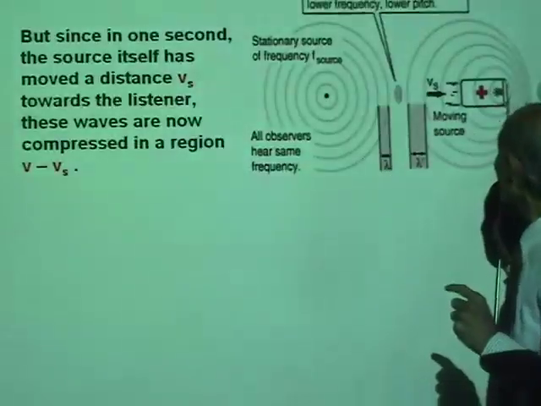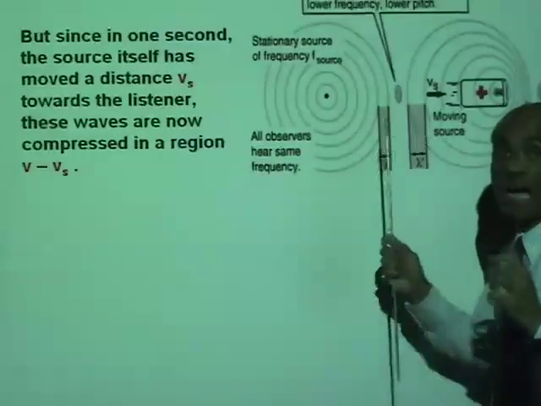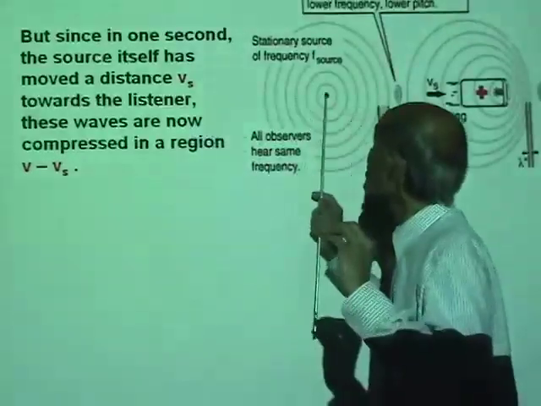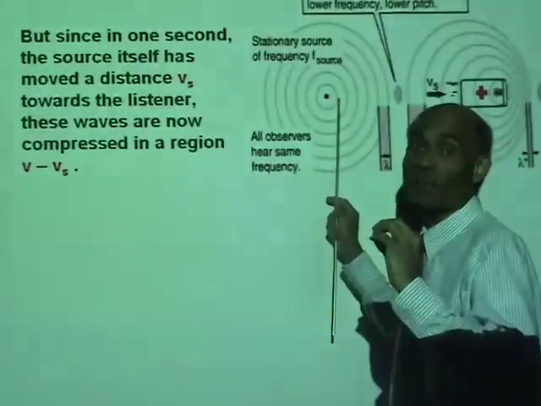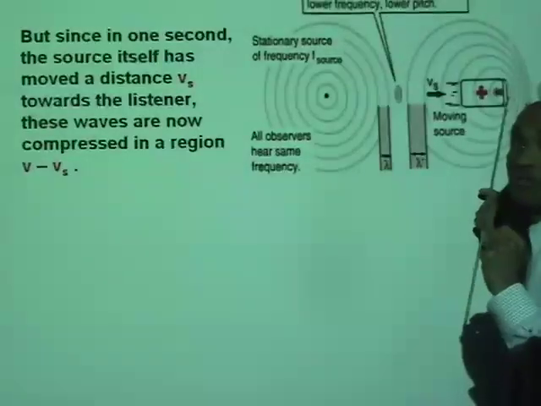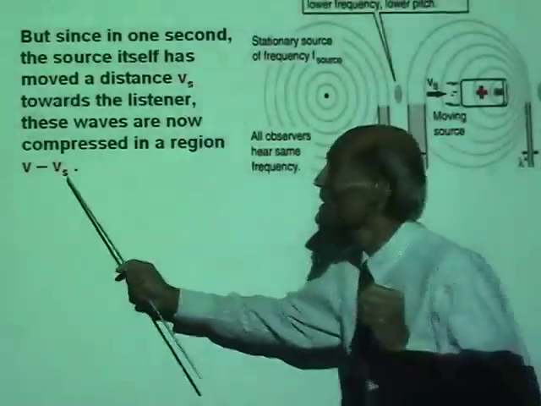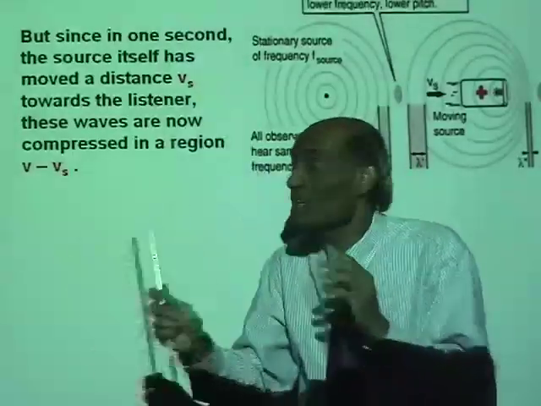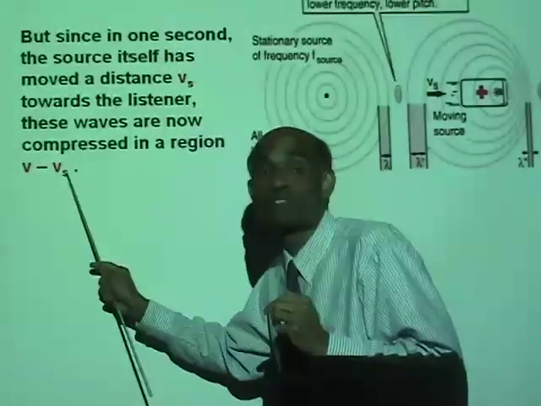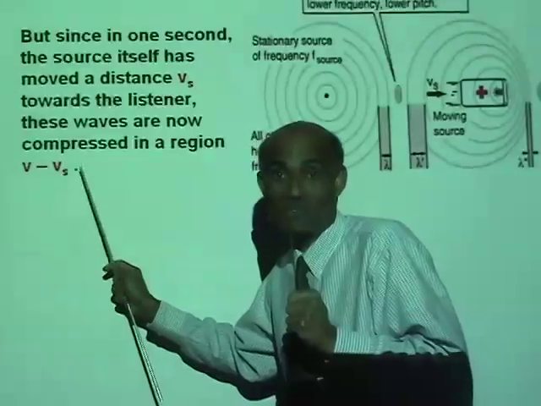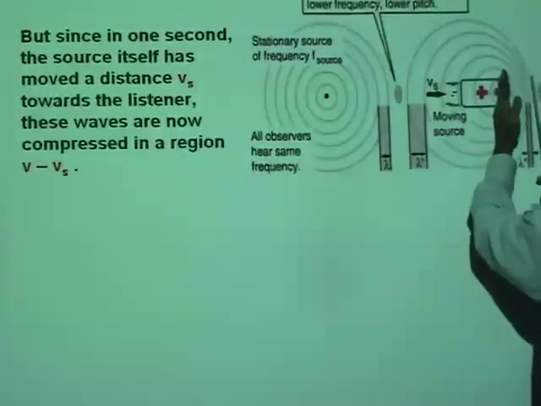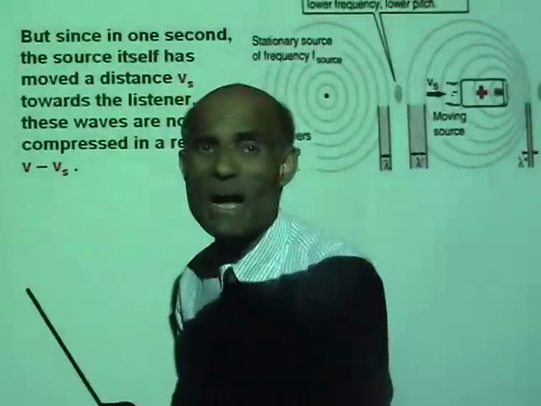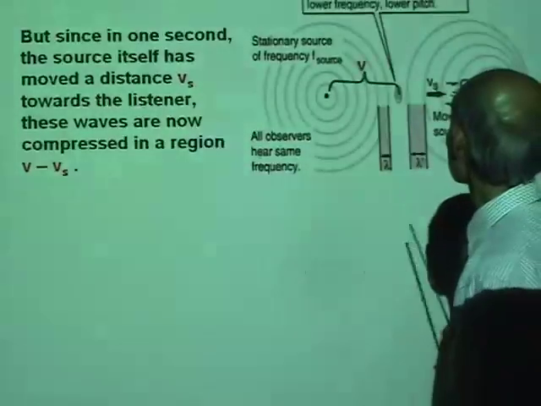So all the waves produced by the source are spread out in a distance v if the source is not moving. But when the source is moving to the right with a speed vs, all those waves are now compressed in a region v minus vs. You understand that, don't you? These waves are now compressed in a region v minus vs.